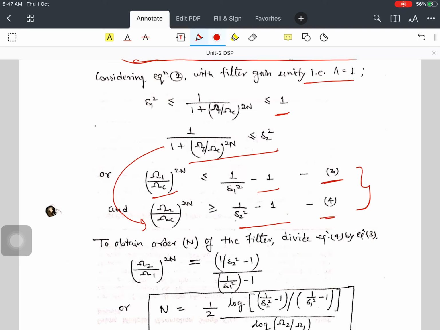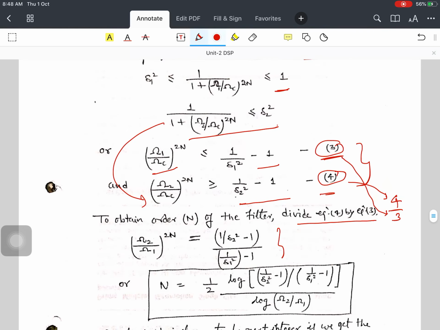To obtain the order N of the filter, divide equation 4 by equation 3. So when you do this, we will get the equation (Ω2 upon Ω1) to the power 2N equal to [1 upon del 2 square minus 1] upon [1 upon del 1 square minus 1].